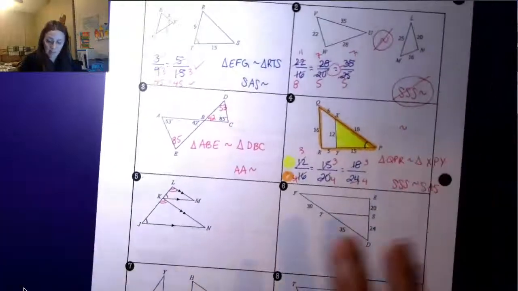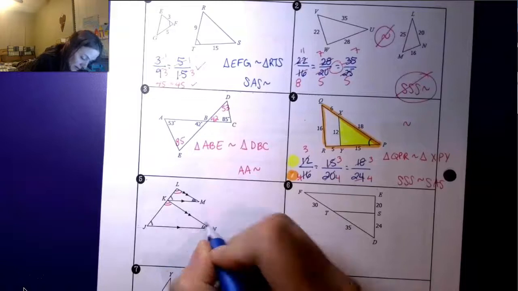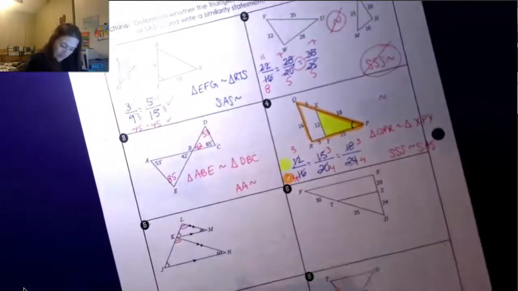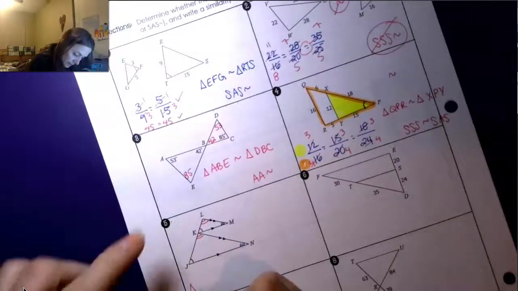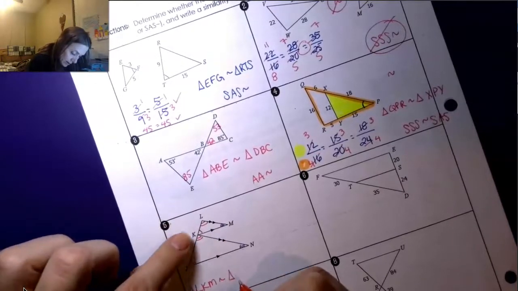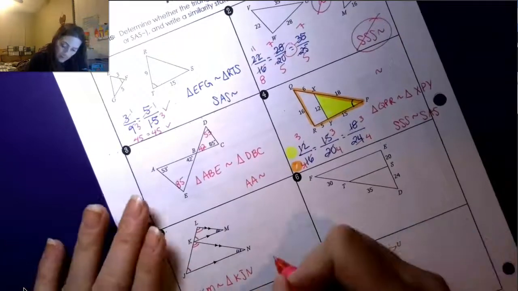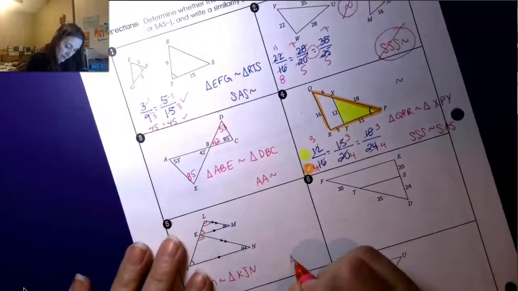If two angles are the same, the third angle also has to be the same. So I can go ahead right now and say triangle LKM similar to triangle KJN by angle similarity.